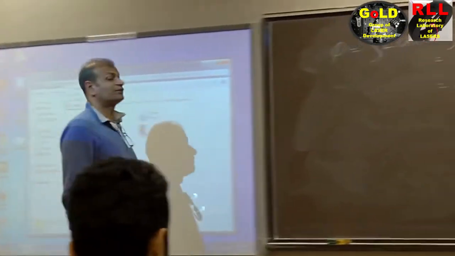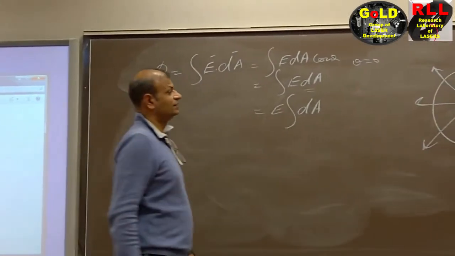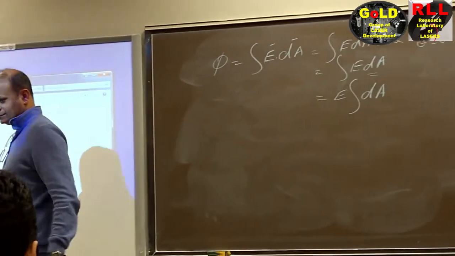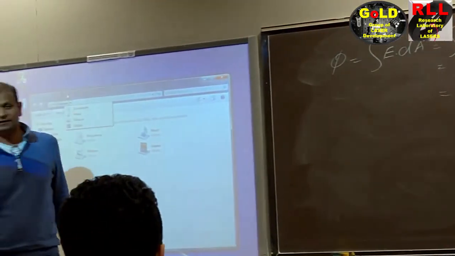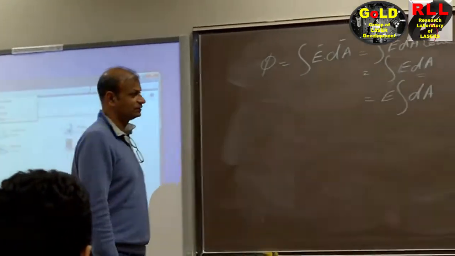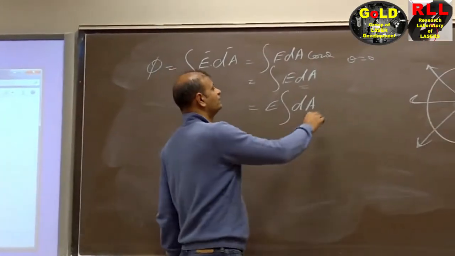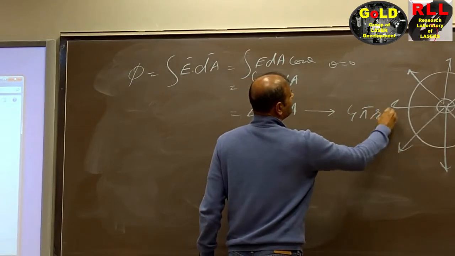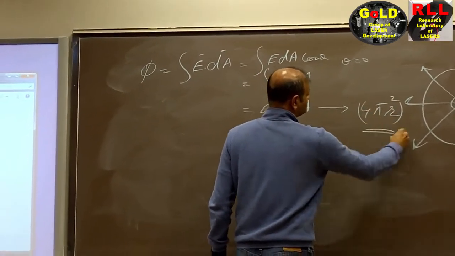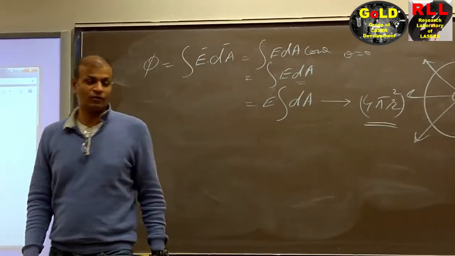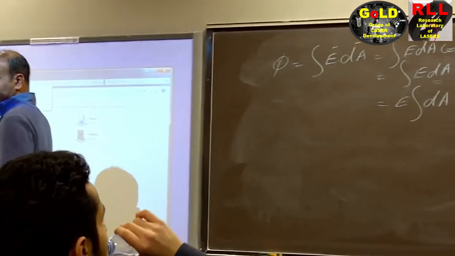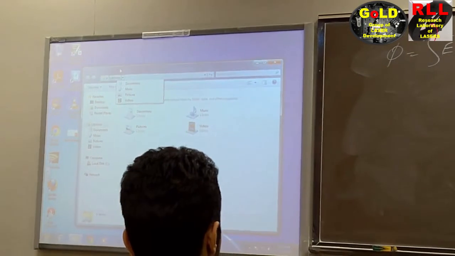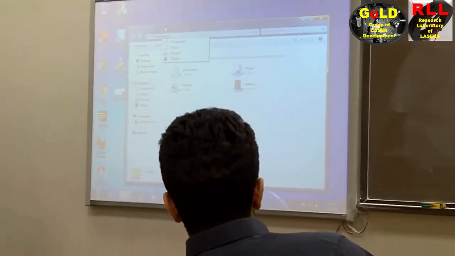So, the same thing comes again. The area of the sphere. You go to your high school books of mathematics. The area of the sphere, not the circle. The area of the sphere is 4 pi r square. Okay? In the last problem, the area of the sphere is 4 pi r square.